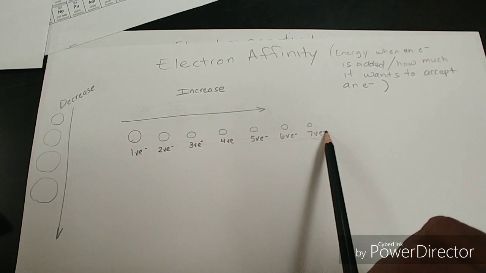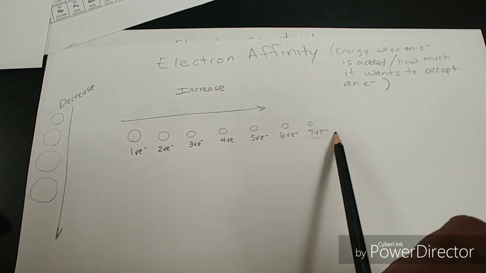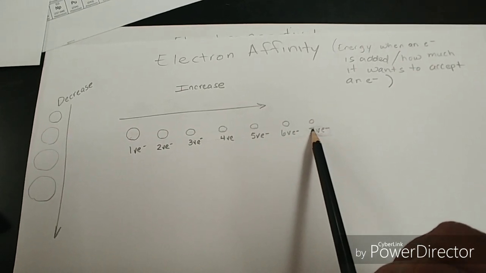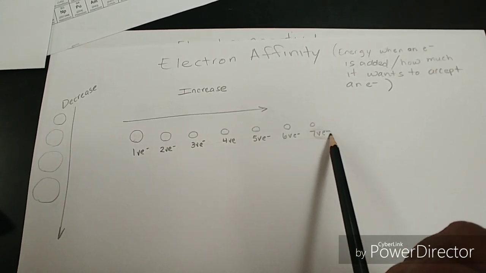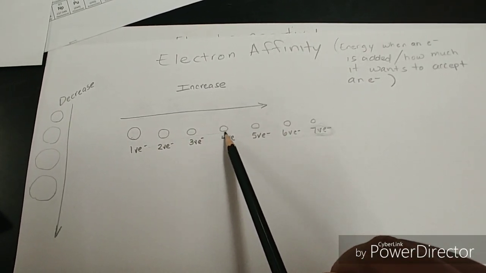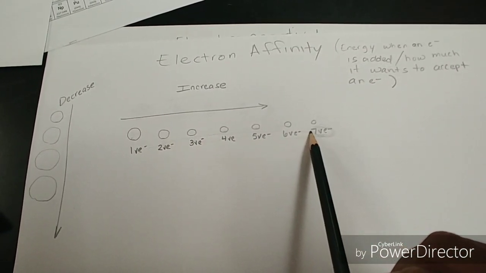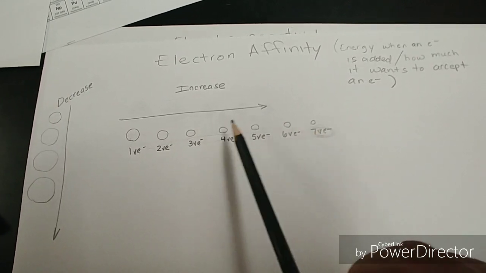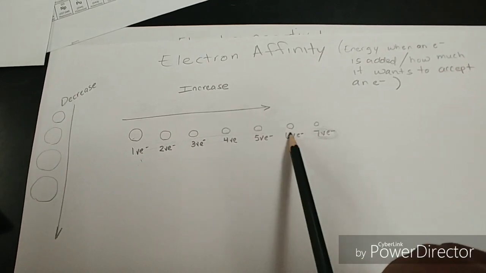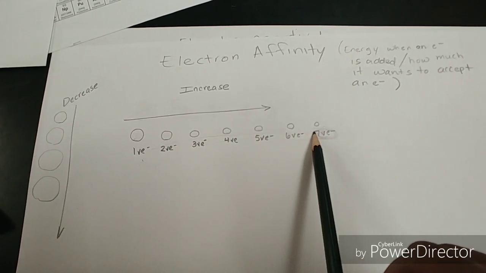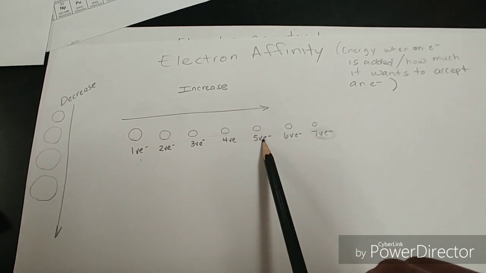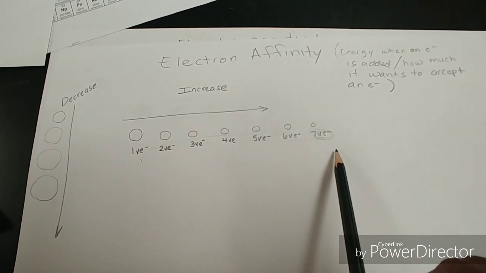Rather than saying "I have enough electrons," closer to being a perfect 8, they say "I don't want to give these up, I want to accept them so I too can have 8 valence electrons." So they become greedier going across a period, and they want to accept electrons a lot more. That's why the ones closer to the left-hand side want to give electrons, and the ones on the right-hand side want to take electrons. That's pretty much the reasoning. They want to get to that 8 valence electrons.